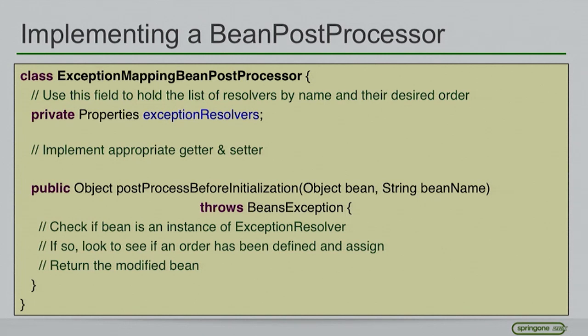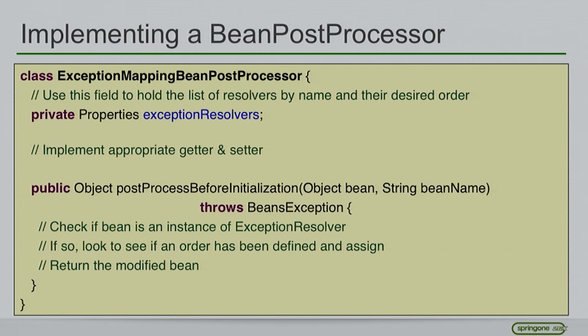So the basic process would be something like this. I might implement a bean post-processor. What this is missing is the all-important implements, I just noticed. Got a little syntax error here. So I declare a class ExceptionMappingBeanPostProcessor that implements the BeanPostProcessor interface.